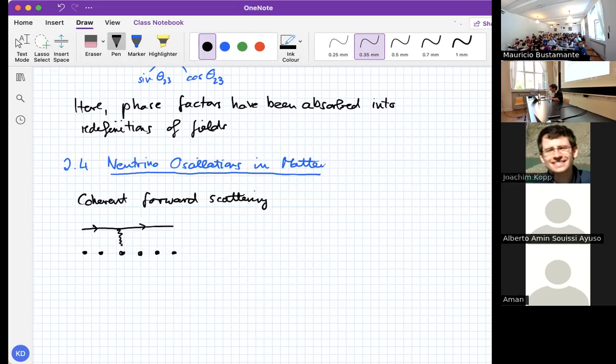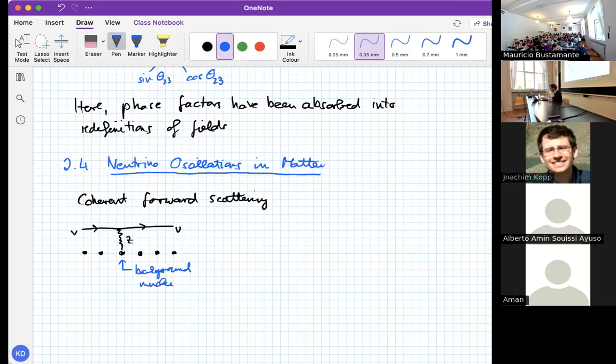And at some point, the neutrino exchanges, let's say, for instance, a Z boson with one of those nuclei. Now, this exchange of a Z boson can happen without the neutrino changing its momentum. So these are here the background nuclei.